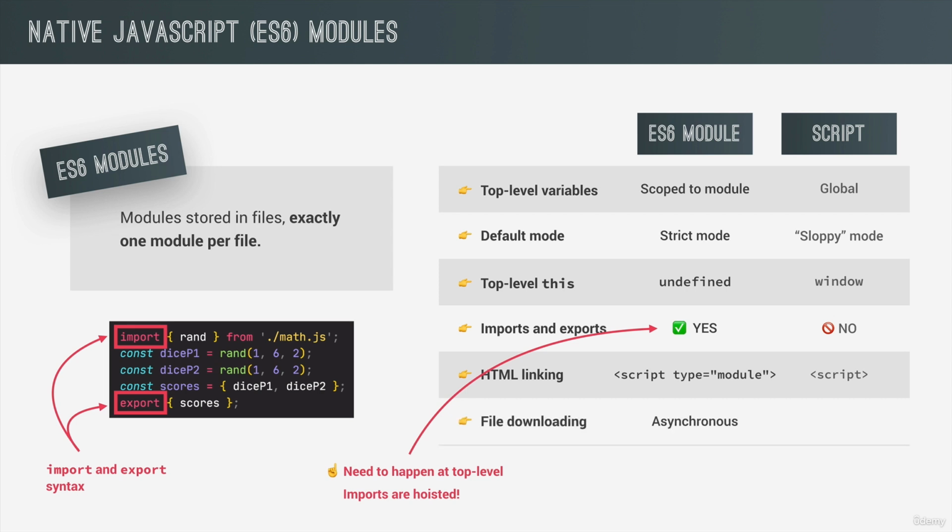And this is true for a module loaded from HTML, as well as for modules that are loaded by importing one module into another using the import syntax. Now, regular scripts, on the other hand, are downloaded by default in a blocking synchronous way, unless we use the async or defer attributes on the script tag.